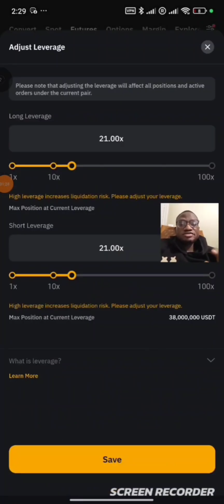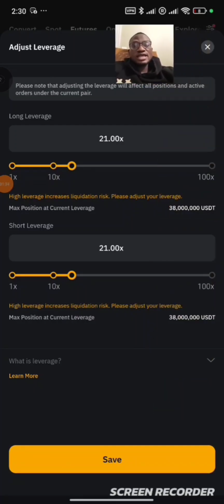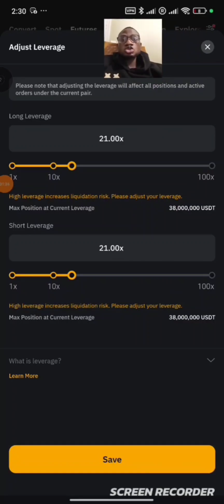For leverage, basically, like I said, it is like they are borrowing you money to trade. That's what leverage is. The more leverage you use, the more money you have to trade, and the more profit you get when price goes your way.